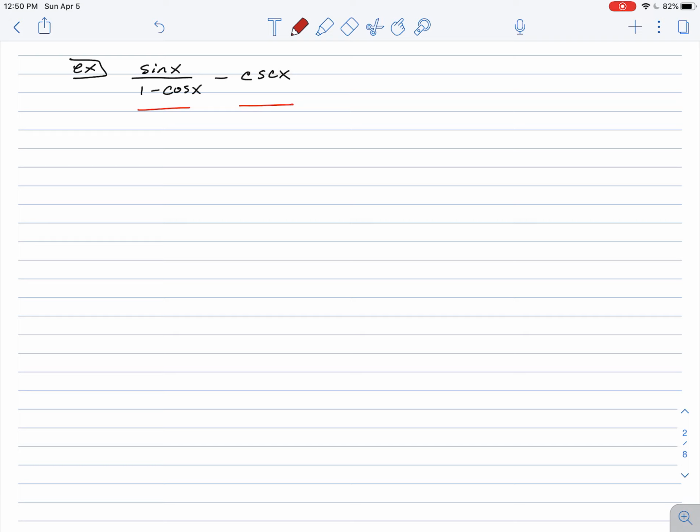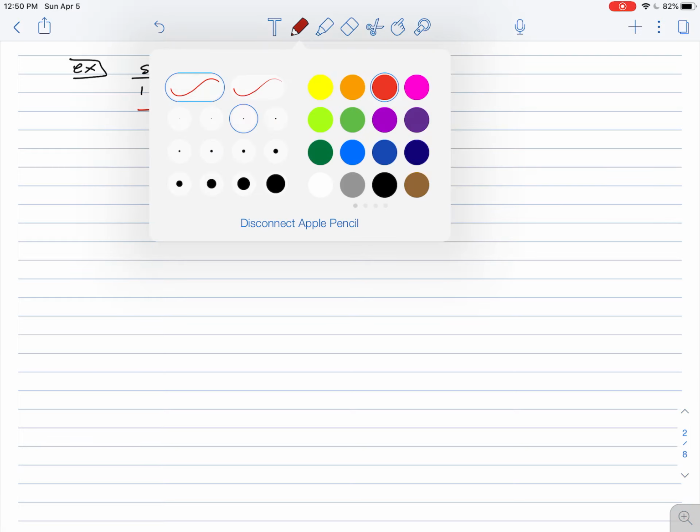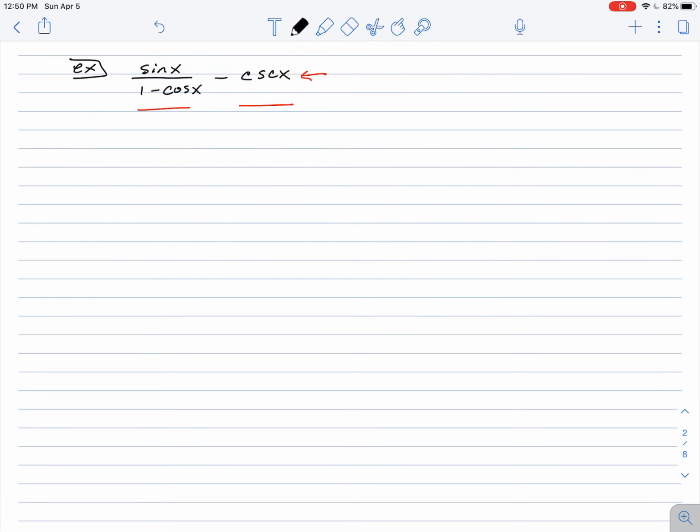That's a great idea. I also have a cosecant, which can be written as 1 over sine, and that's also a great idea. It does not matter which one you choose or which one you do first. So I'm going to rewrite in terms of sine and cosine first. This becomes 1 over sine x.